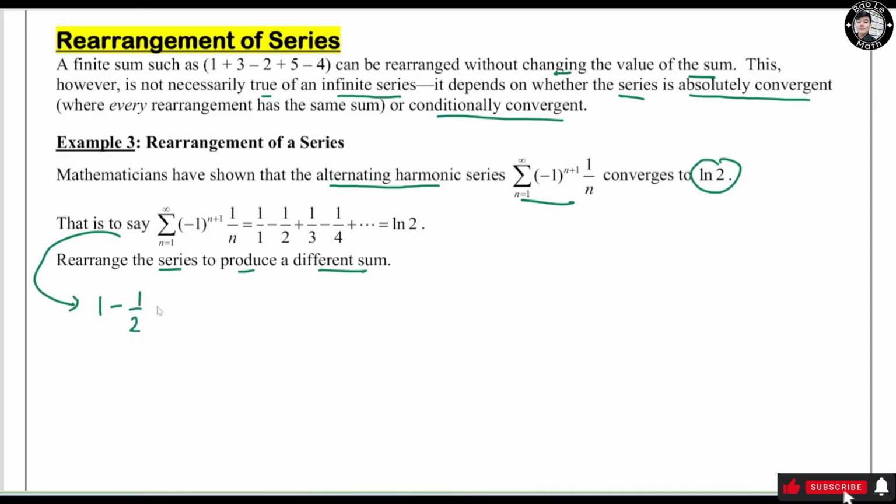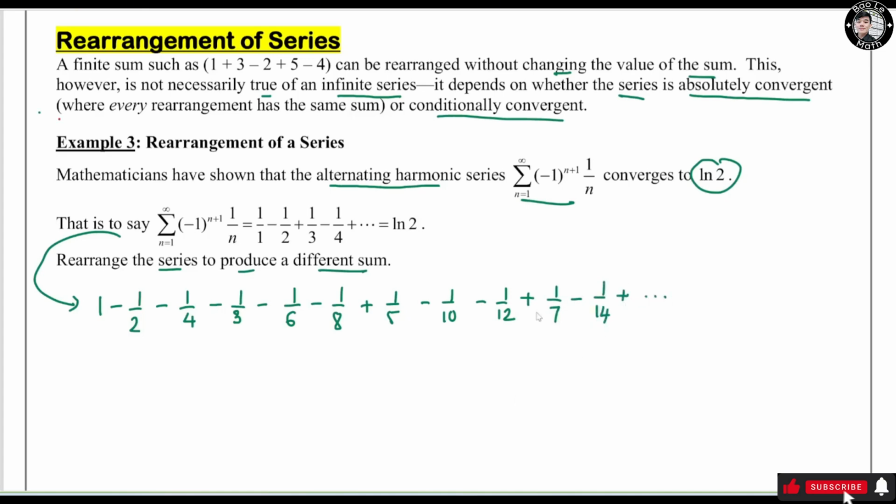And then subtract 1 over 4 plus 1 over 3, subtract 1 over 6 minus 1 over 8 plus 1 over 5 minus 1 over 10 minus 1 over 12 plus 1 over 7 minus 1 over 14, right?